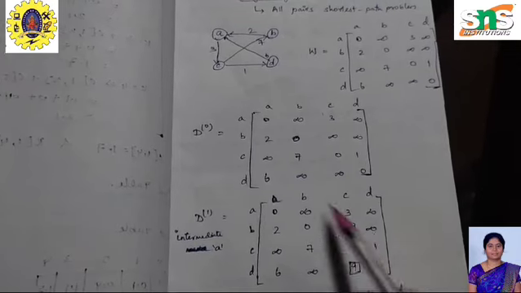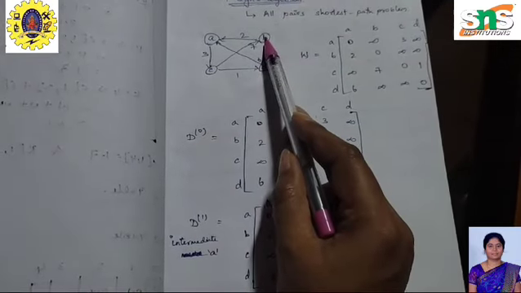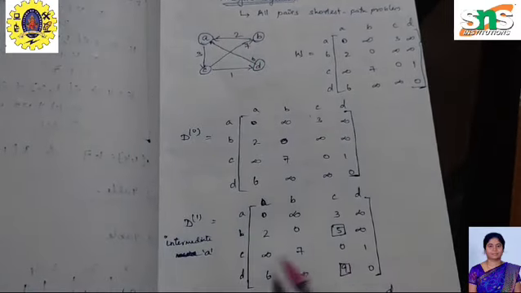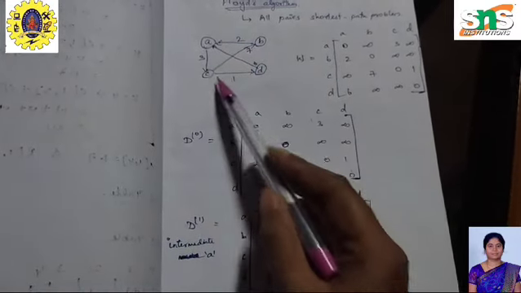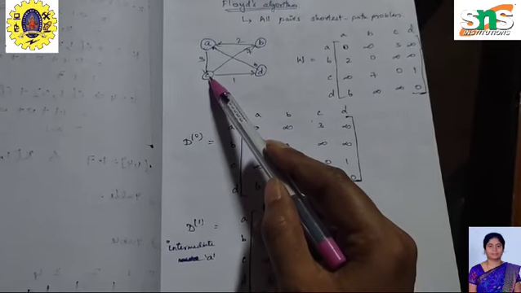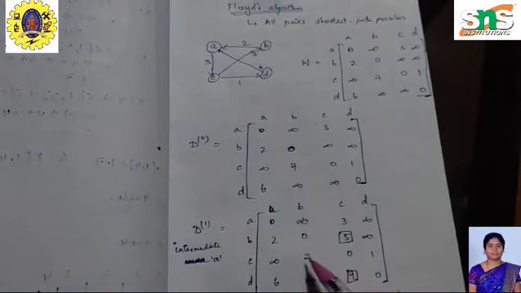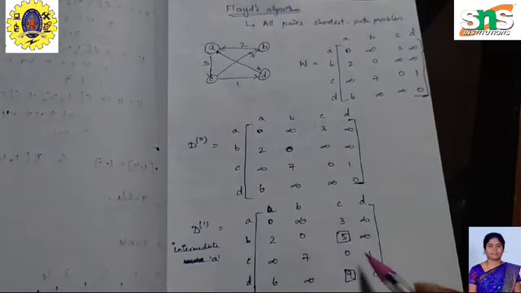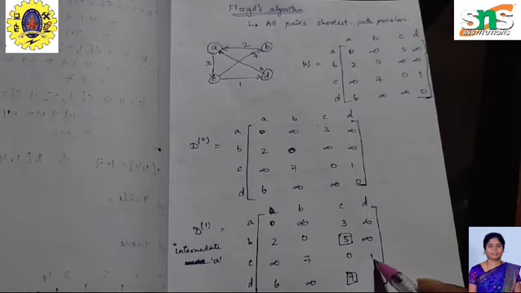Next, B to D. From B to D I can't go, so it is infinity. Next, C to A. C to A is not available, and C to B it is already 7, so it is mentioned as it is, and C to D it is already mentioned with 1.